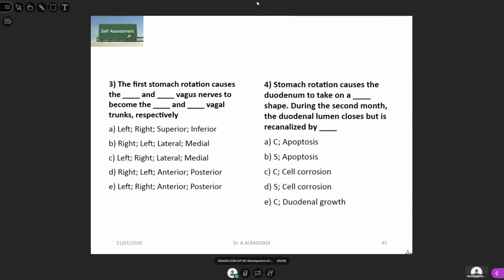During the second month, the duodenal lumen closed but is recanalized by which process? Correct. It will take C shape and will be recanalized by the apoptosis.